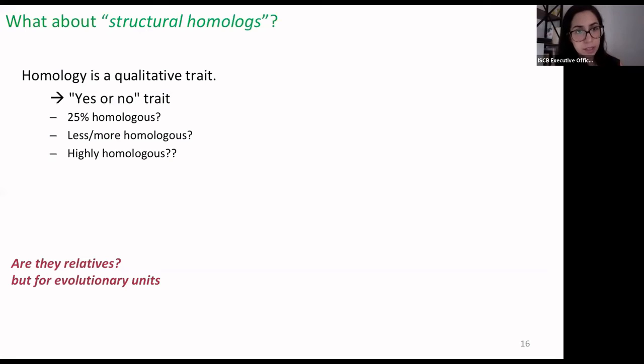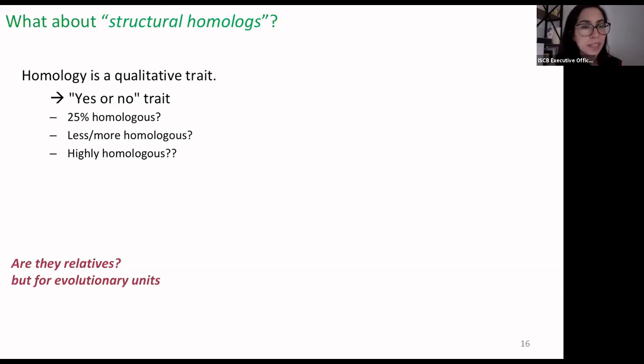There are different things. So homology is like asking if two traits are relatives. Like for humans, we say, is someone your relative? And the answer is yes or no. You don't say, yes, he's 25% my relative. So it's a yes or no trait.